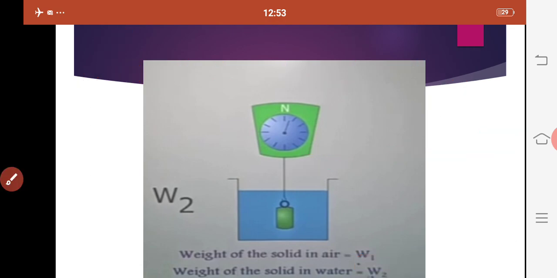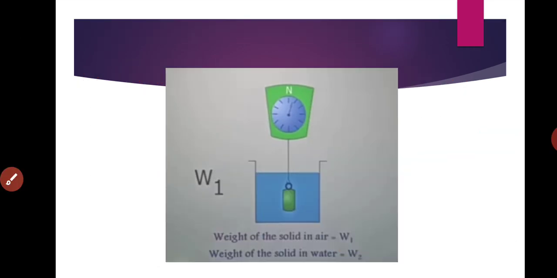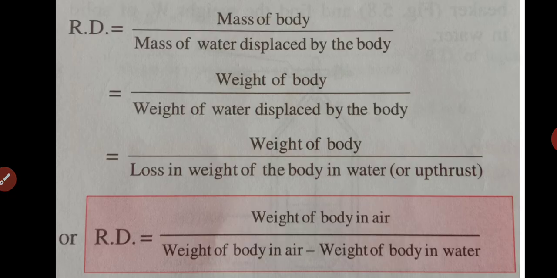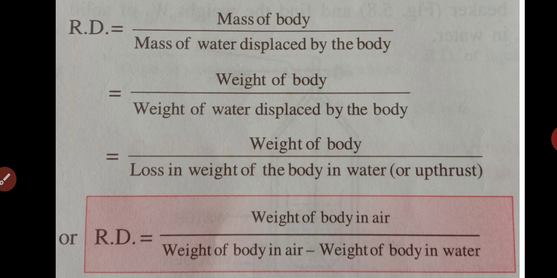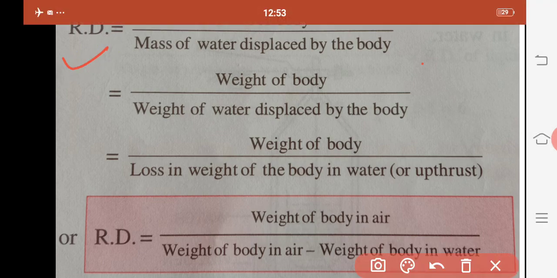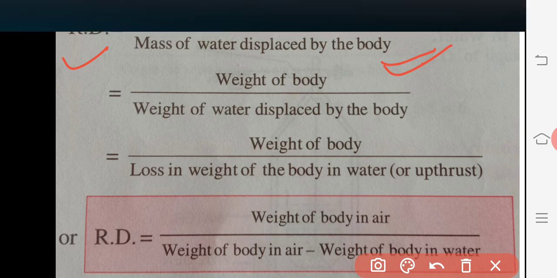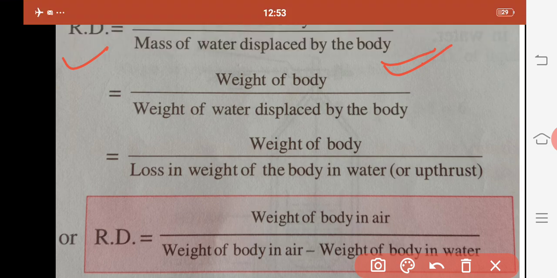And by relative density we already know, one formula I explained to you last time, that relative density is mass of body upon mass of water displaced by the body. Now multiplying the numerator and denominator by g, mass when multiplied by g, acceleration due to gravity, becomes weight.